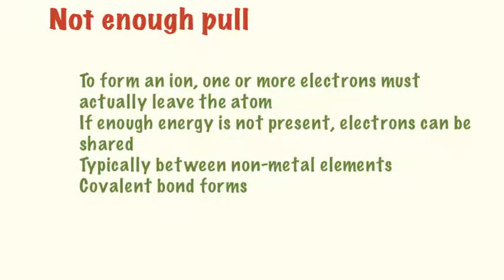I suppose it's stating the obvious, but when non-metals combine, their electron shells or electron clouds overlap, and in the overlapping, the electrons can be used by both of the atoms simultaneously, and we say this is a covalent bond.